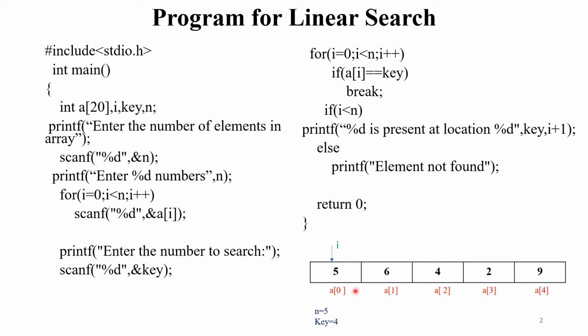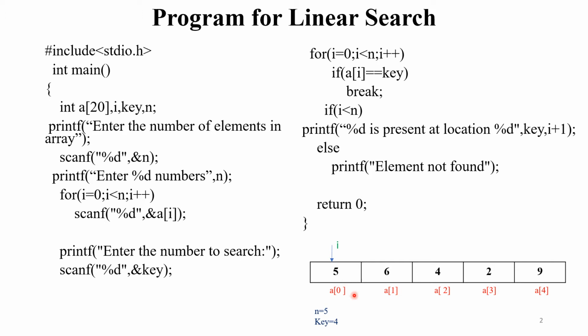Here, in this example, the size of n is 5 and the value of key is 4. So we first compare our key to the first indexed value, that is, is a of 0 equal to key? A of 0 is 5, so is 5 equal to 4?